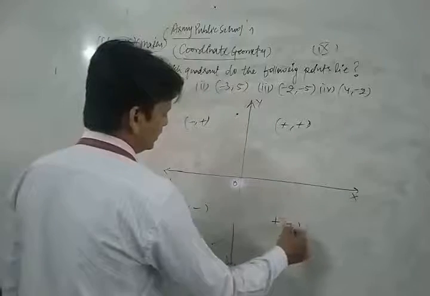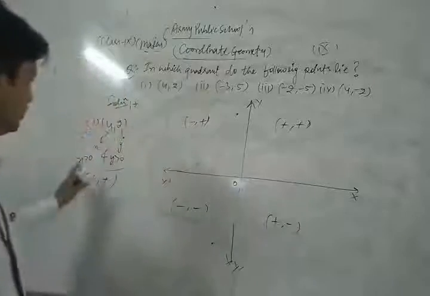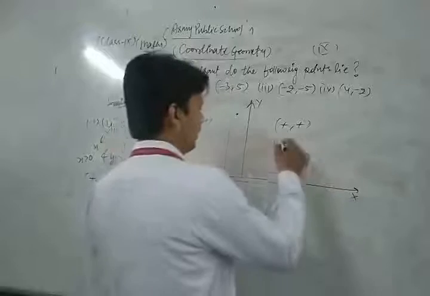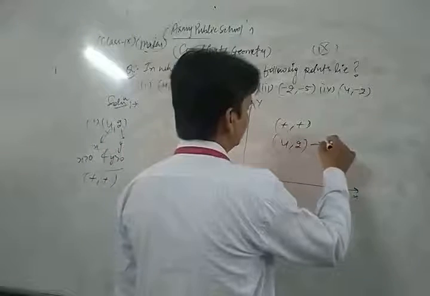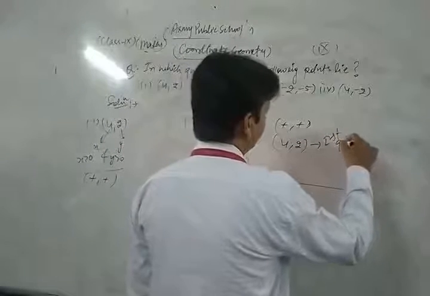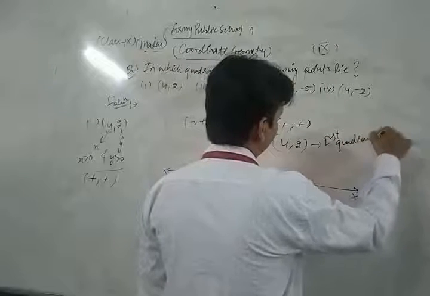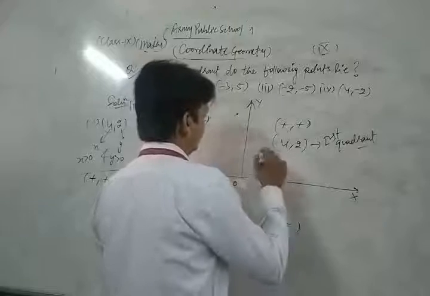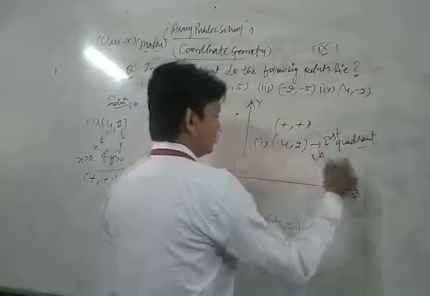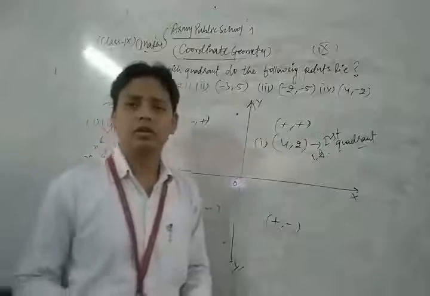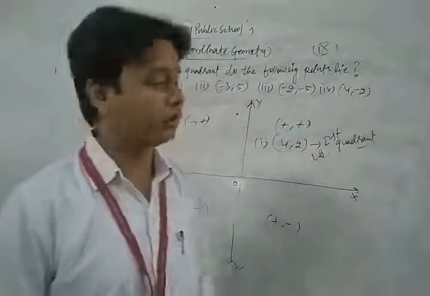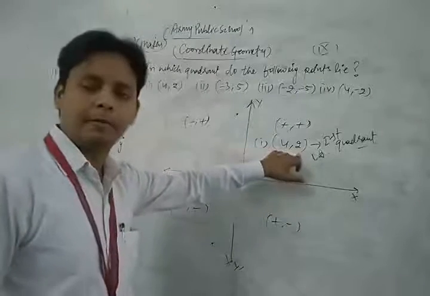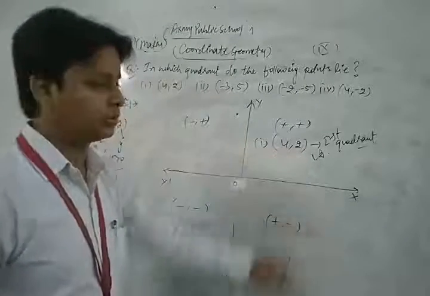So in this way, the point (4, 2) lies in the first quadrant. This is the first answer, because both the abscissa and ordinate are positive.